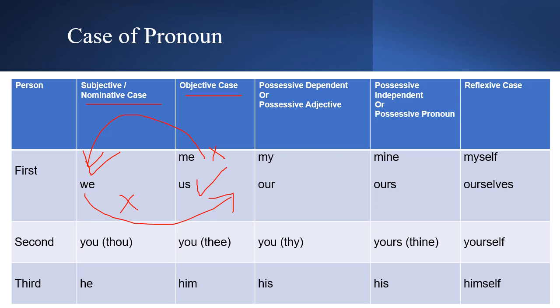You cannot say me is going. All right, you cannot say me and my friend did this. It is impossible, because me and my friend is fine because that is the nominative or subjective case, but me is not the subjective case. So this is wrong when you say me and my friend. No, you would say I and my friend, or my friend and I, whatever sequence.